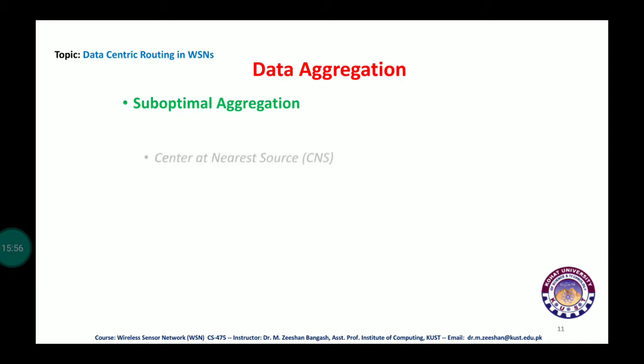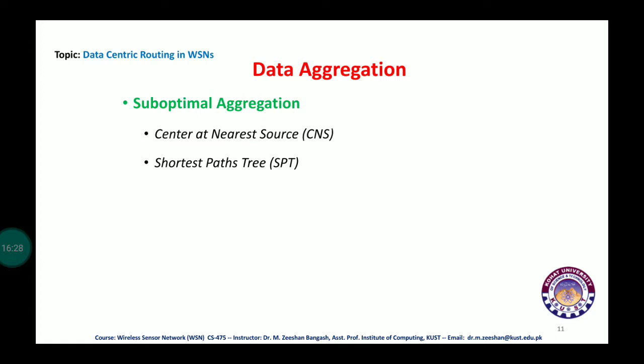Now there is another mechanism which we call suboptimal aggregation. In this suboptimal aggregation, we propose a point which we call CNS, the center at nearest source, at which all the data aggregation processes are performed. Then there is another suboptimal aggregation, which we call SPT, or the shortest path tree.